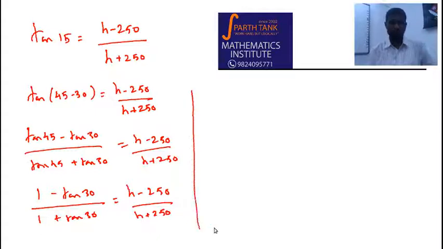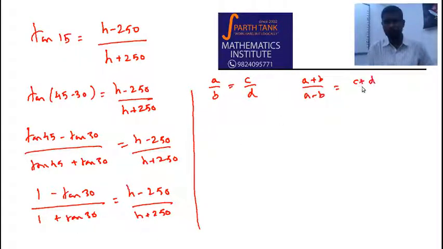Now of course you can substitute root 3 and then multiply and get into all that complication, or use componendo and dividendo. That is, if I have A by B is equal to C by D, then A plus B by A minus B will be C plus D by C minus D. So A plus B, these two together I will get 2.